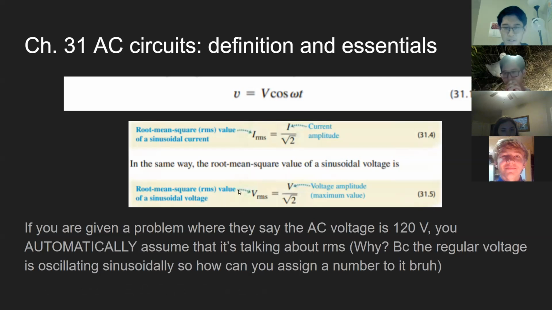The reason this is so important is that if they give you a question on the test and it doesn't specify whether it's the RMS value or the sine definition of the voltage, you automatically assume that it's the RMS value. You can't really say that the voltage of an AC circuit is 120 volts because it's oscillating sinusoidally, so you have to be referring to the RMS value.